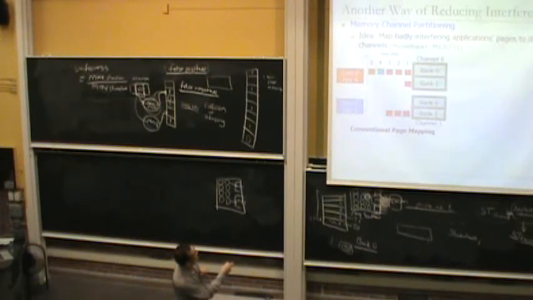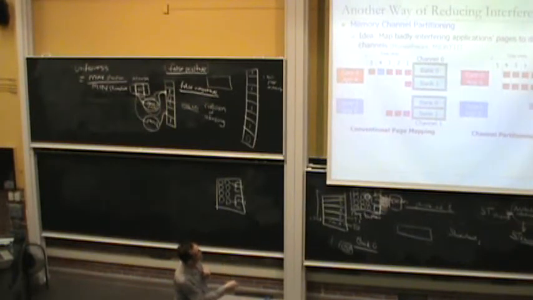Stall time is 4 here. Whereas core 0 stall time is 5. But if you map the data of these different applications to different channels, this is what you would get. Core 1 now can make fast progress. Its stall time reduces to 1. And core 0 can also make fast progress because it doesn't get interfered by core 1. Its stall time reduces to 4.